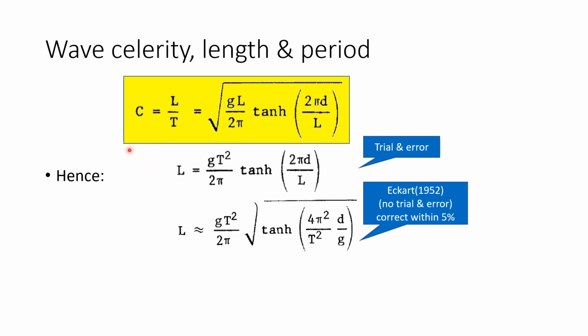In order to solve this equation for a given location with a certain water depth and for a given wave period, we will be able to solve for L only by trial and error, and you can either do it manually or use a calculator.